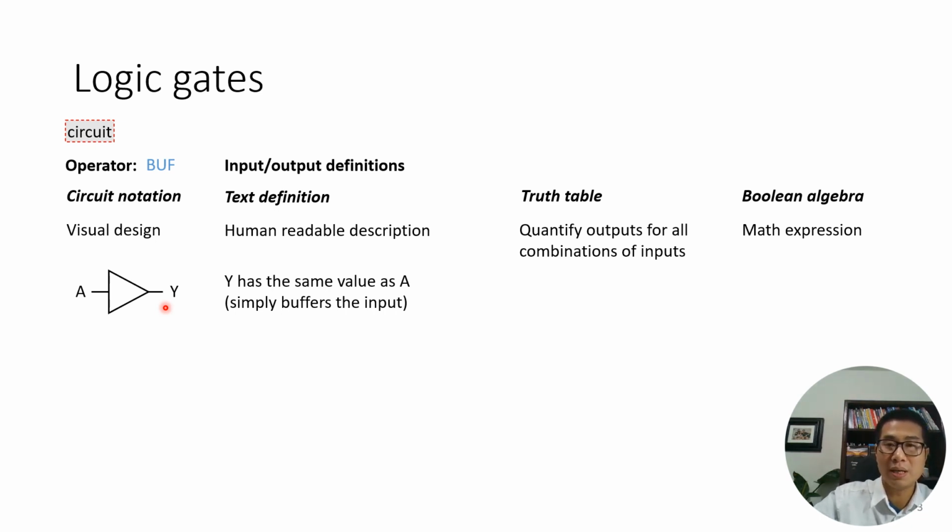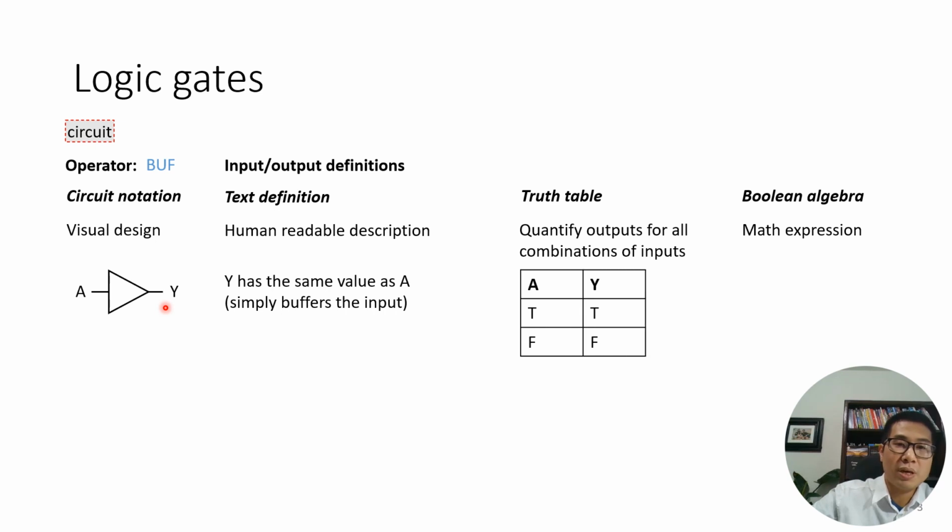So Y is the same as A. Why do we need to use this one? Sometimes we use it for delaying the signal transmission a bit for time synchronization purposes. Now the truth table is, Y is having the same values as A. So we're going to write Y equal to A for the Boolean algebra part.